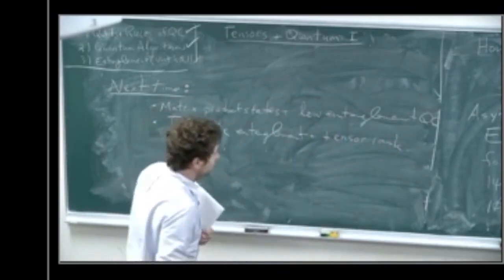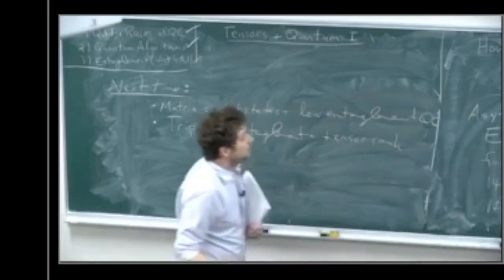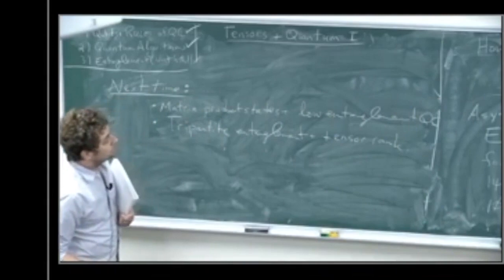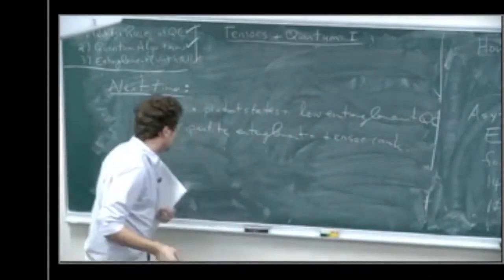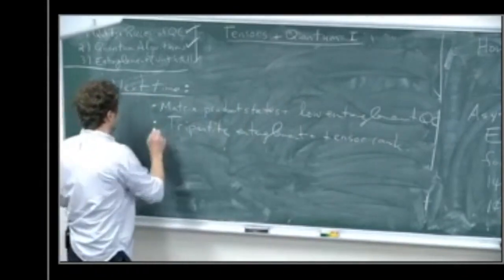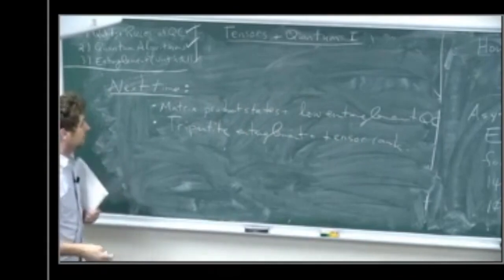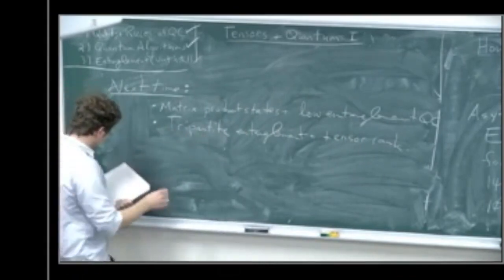It's going to turn out that, remember I said if you remove the bipartite, it becomes unclear what are the rates of interconversion of different quantum states. It's going to turn out for 3 qubit states, if you want to understand the entanglement, it becomes a question about the rank of various tensors.